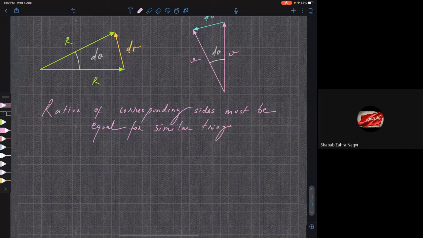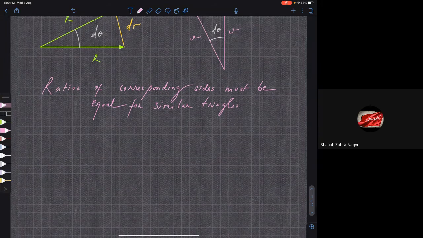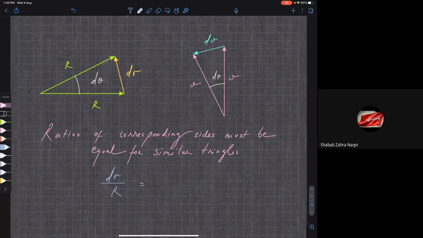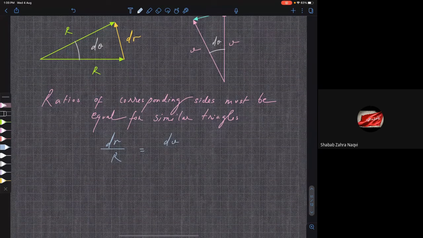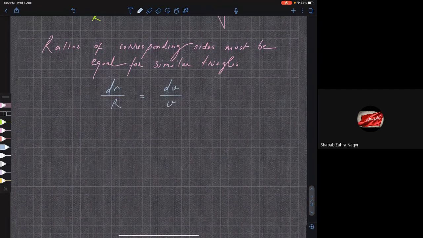So dr by r will be equal to dv by v. Do you agree? So just rearrange that.